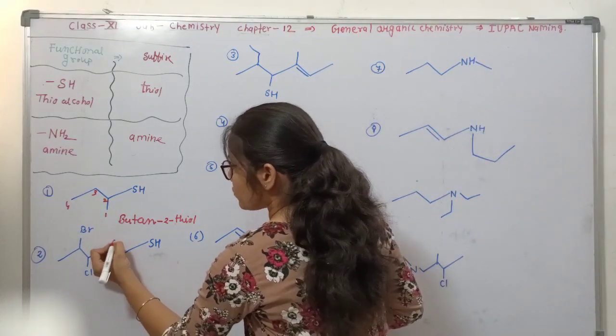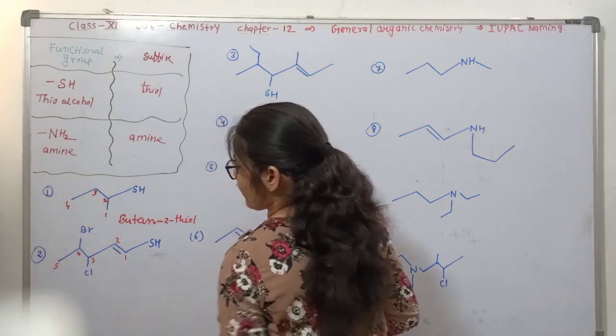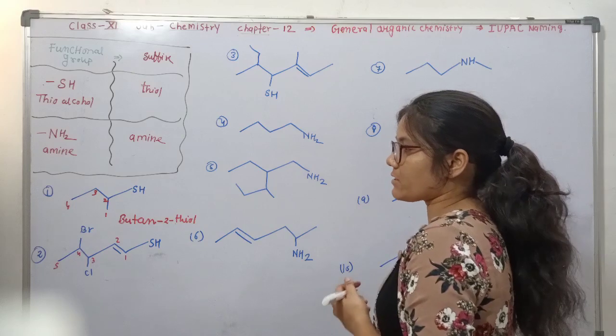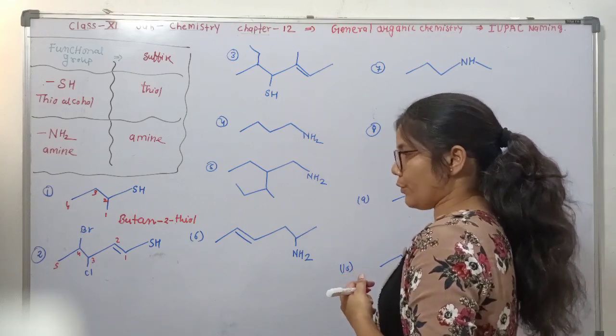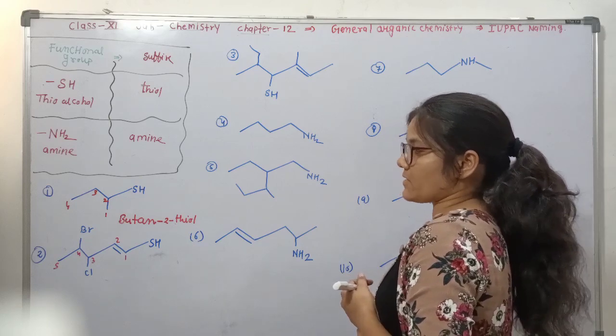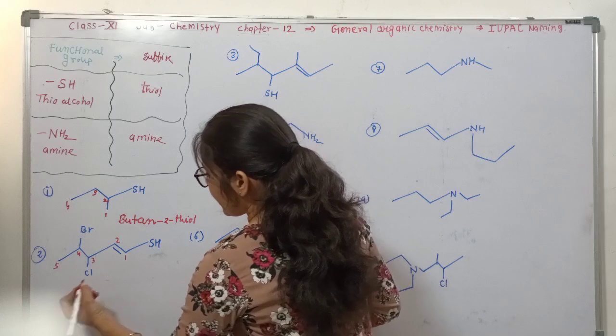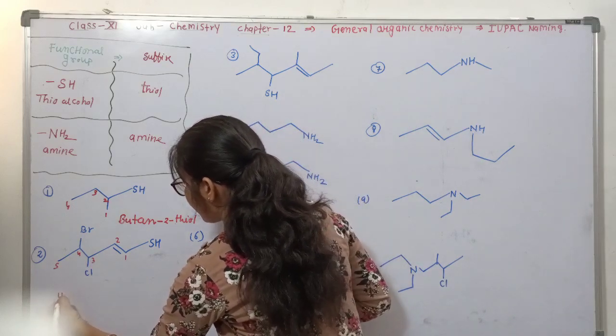It is 1, 2, 3, 4, 5. So it is a 5 carbon chain having substituents of chloro, bromo and a double bond and a functional group SH. So let's name the compound. Alphabetically bromine will come first.